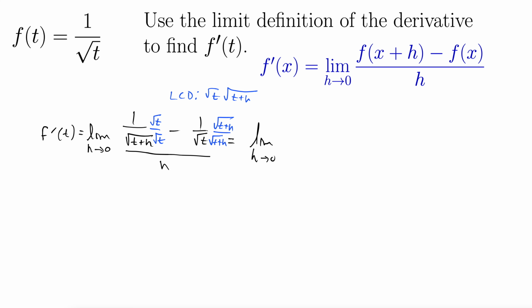A little messy there. This becomes the limit as h goes to 0 of square root of t minus the square root of t plus h all over h square root of t plus h times square root of t.